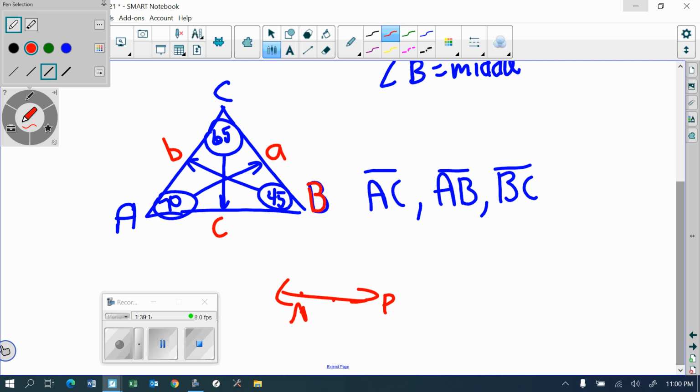If they had points A and B, you'd call it line AB, line BA, or line p, a lowercase p, not capital. So if I did it by side lengths, it'd be the single letter: lowercase b, lowercase c, lowercase a. Now you know you can also name sides like this.